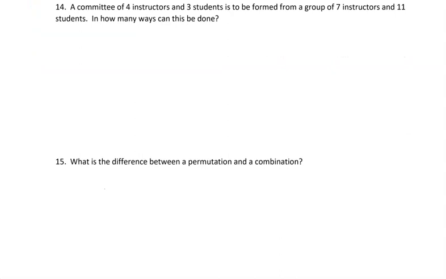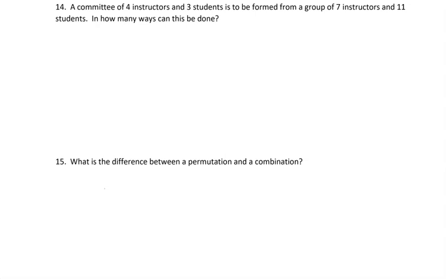All right, next one's going to be a little trickier. So a committee of 4 instructors and 3 students is to be formed from a group of 7 instructors and 11 students. In how many ways can this be done? All right, so the key to this one is knowing that we're kind of looking at two separate problems.